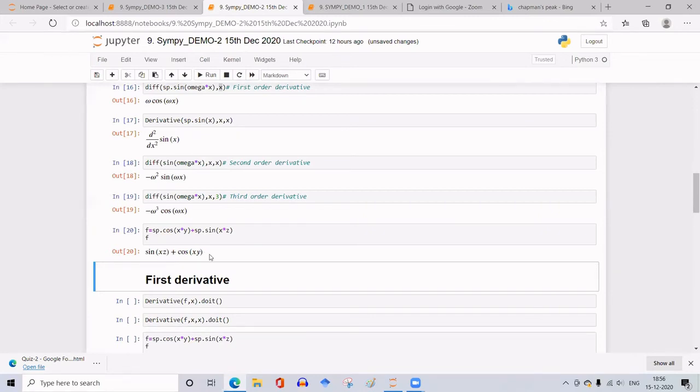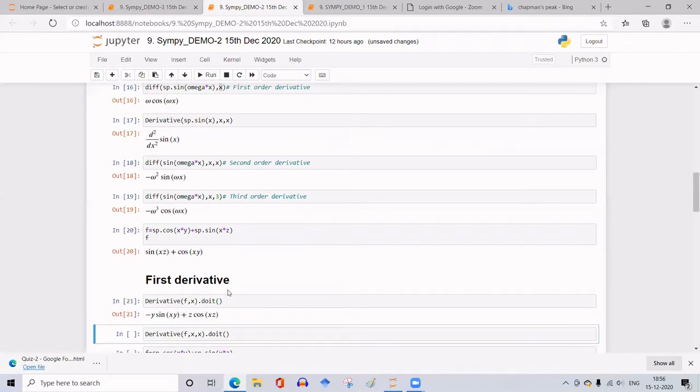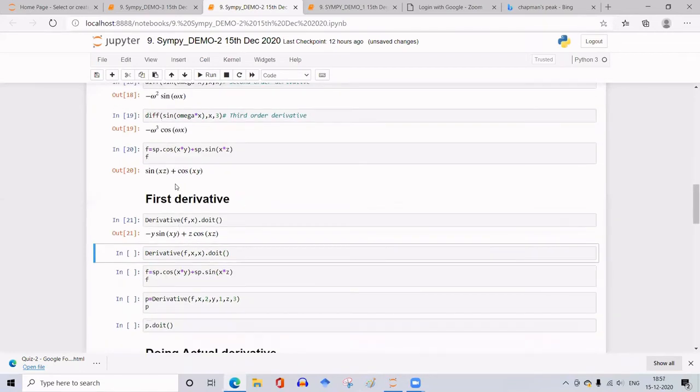Okay, differentiate this with respect to x, derivative of f comma x, and evaluate. When I differentiate it with respect to x, what do I get? z cos of xz minus y sin of xy. Okay, and evaluate this.